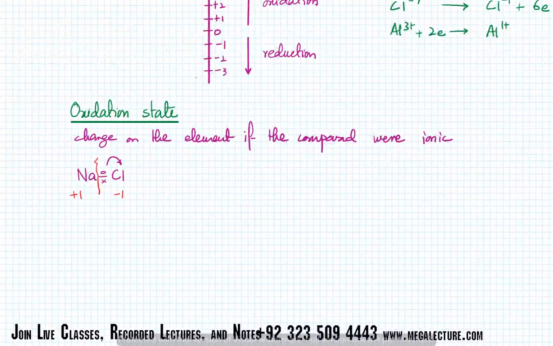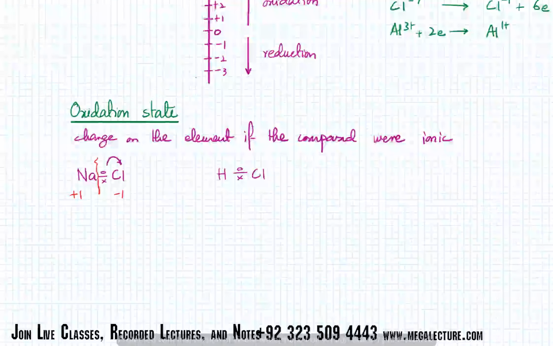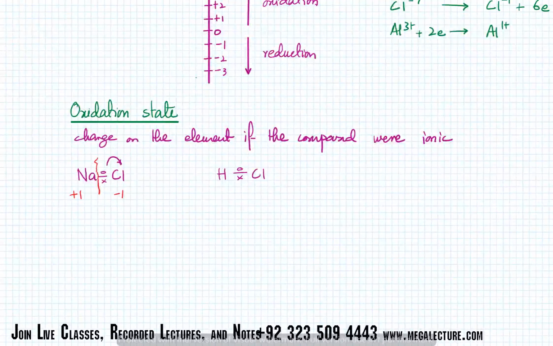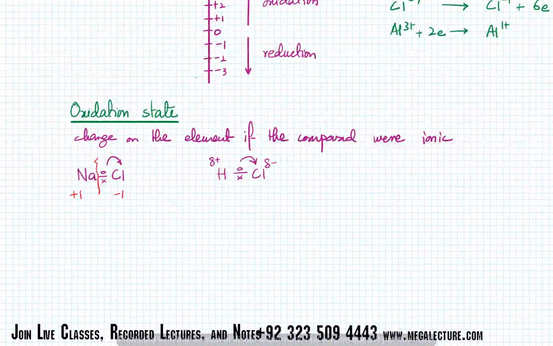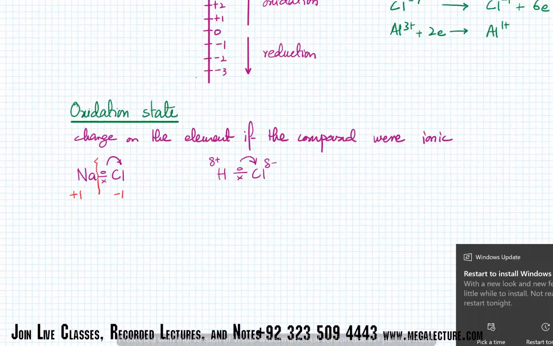But not all compounds are ionic. You've got compounds that are polar covalent, like HCl. Cl is more electronegative, but the electronegativity difference is not very high. So Cl gains the electrons slightly, and H loses the electrons very slightly.